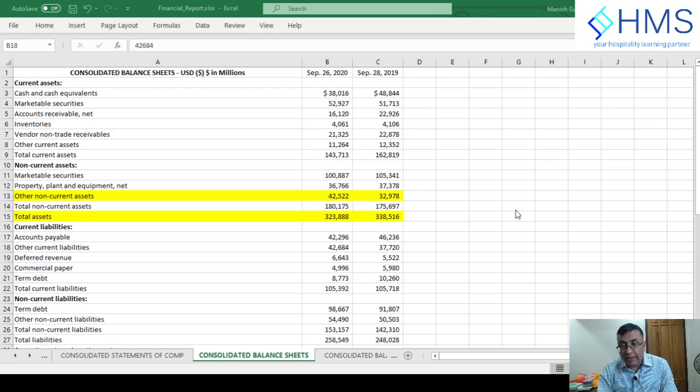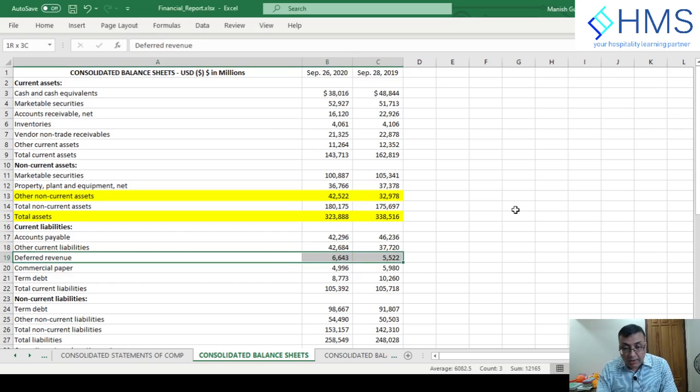Then you are able to look at the deferred revenue. Deferred revenue means the company has received advances, since they are doing cloud services, so it kind of makes sense, not really a problem.